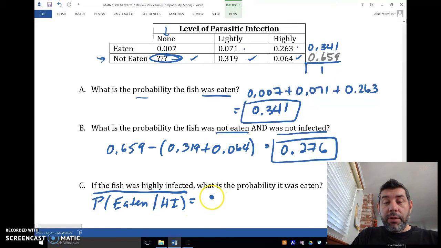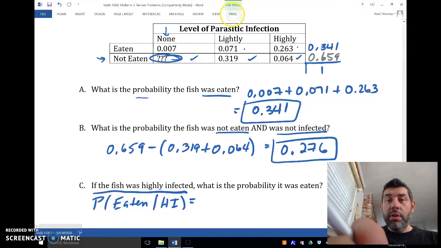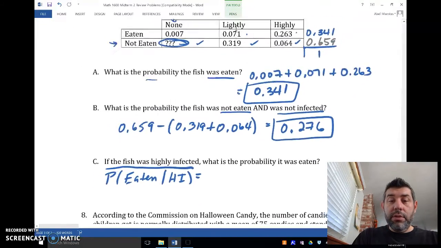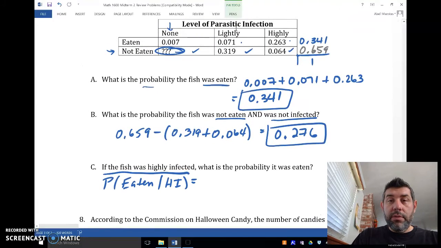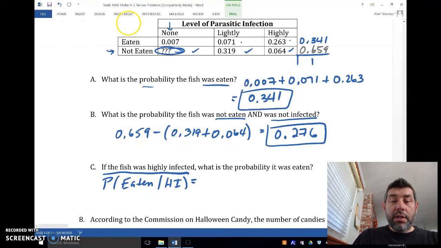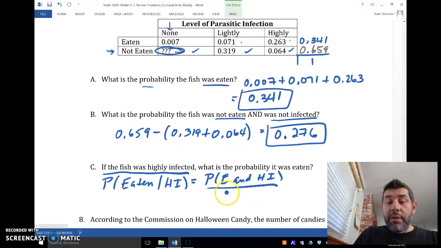Now, using the formula for that, I'm going to zoom out a little bit. Given it was infected, we're going to use the formula here. It's going to be P, that it was eaten and highly infected, divided by the probability that it was just highly infected. All right.